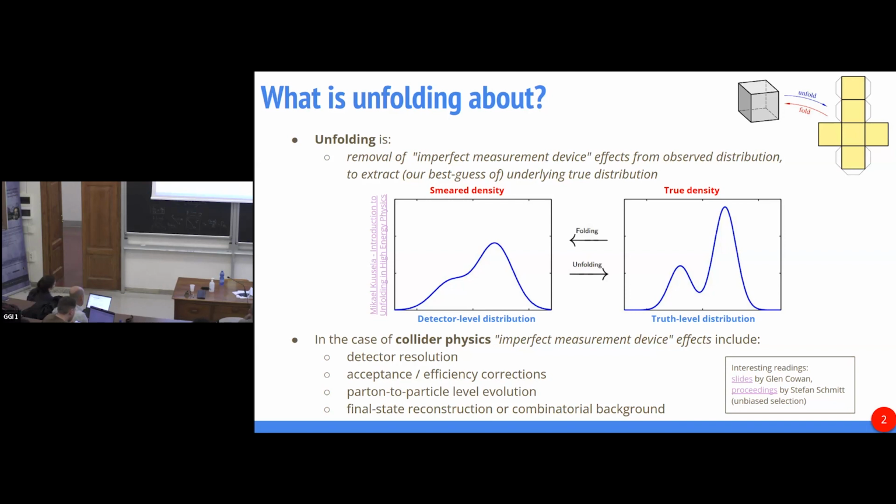So also the fact that you have an imperfect ttbar reconstruction method that is not coming only from the detector resolution, but from combinatorics or other effects. This is also entering the unfolding, the smearing factor that requires you to do this unfolding.